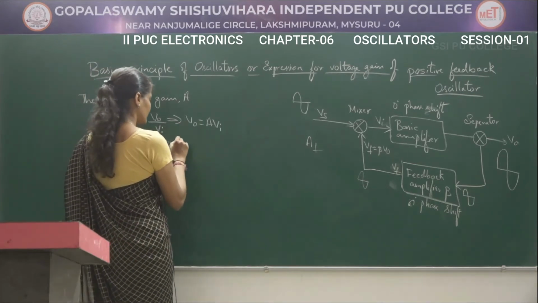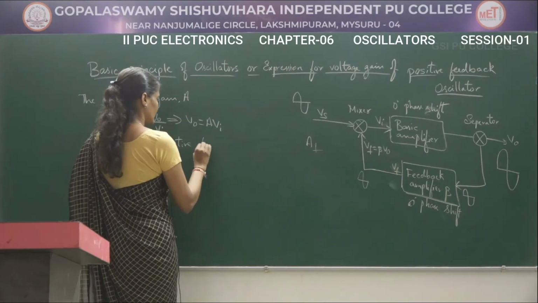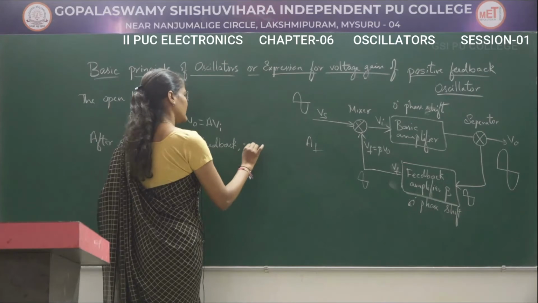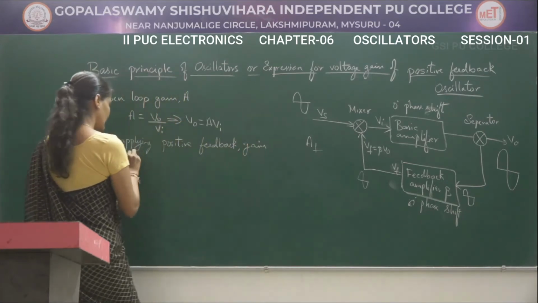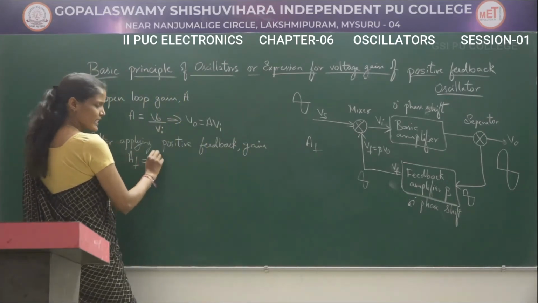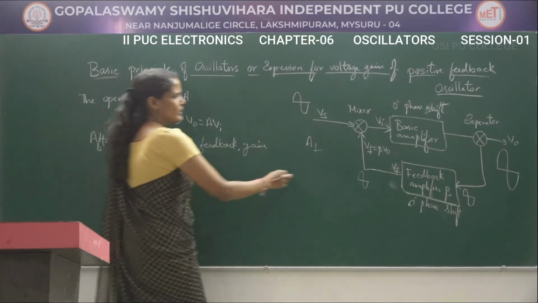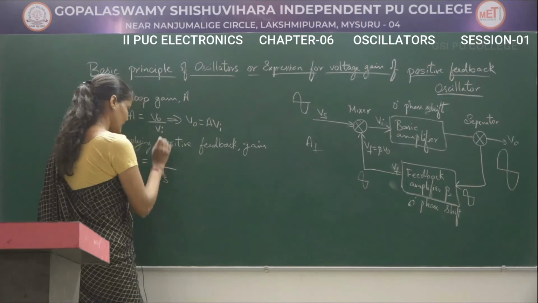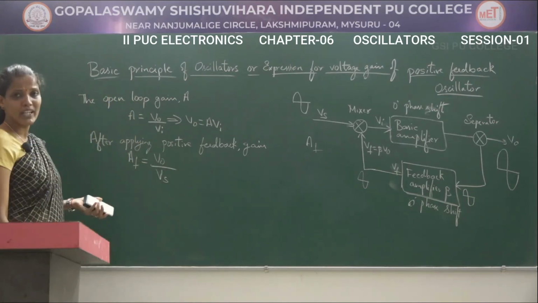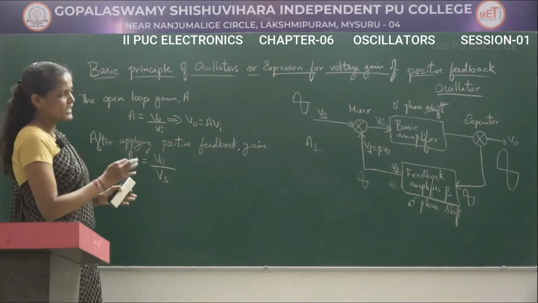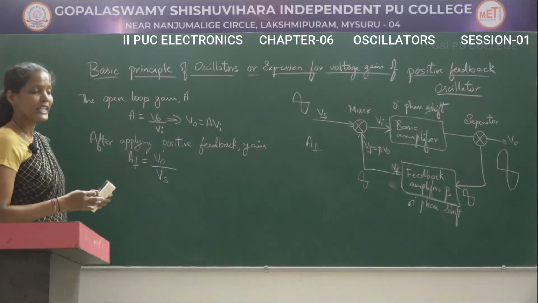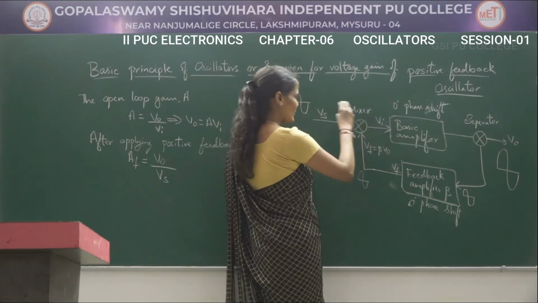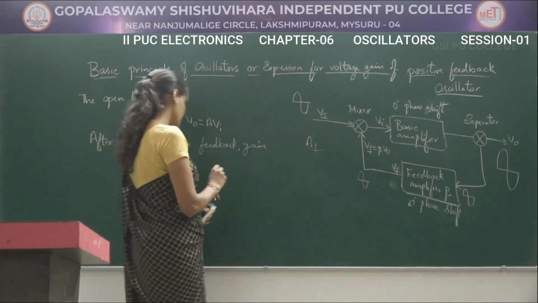So after applying positive feedback, gain is AF equals output is V0 itself, but now input cannot be considered as Vi, we have to consider Vs. AF is equal to V0 divided by Vs. Since the feedback voltage and the input voltage are in phase with each other, I can easily write that Vi is equal to Vs plus Vf.